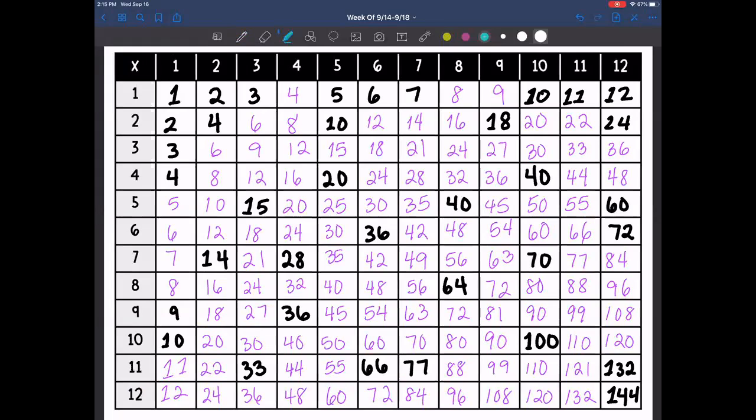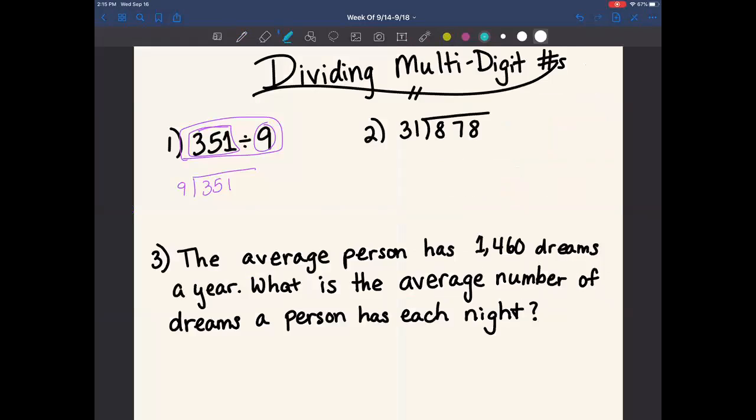If I look at my 9s, do any of my 9s equal 3? No, right? 9 can never multiply into 3. Nothing I multiply 9 by will equal 3.